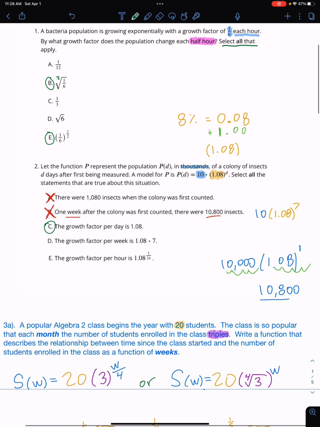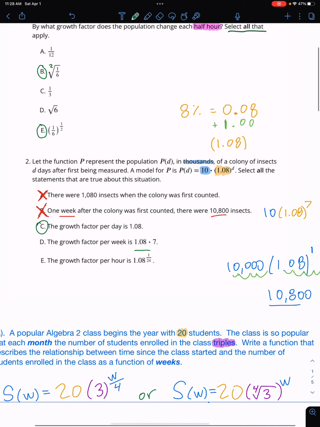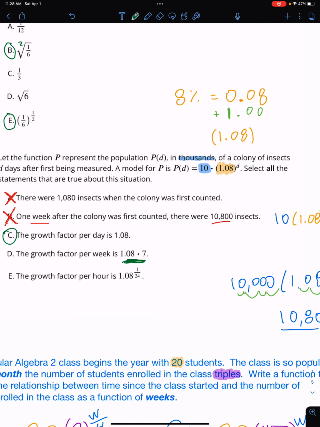And D, the growth factor per week is 1.08 times 7. Here is where they're trying to focus on, do you realize and understand what an exponential is and why we raise our growth rate to the exponent of 7 after 7 days.